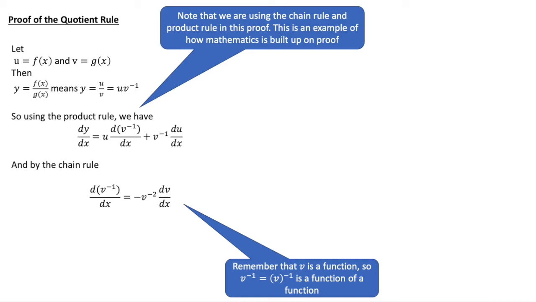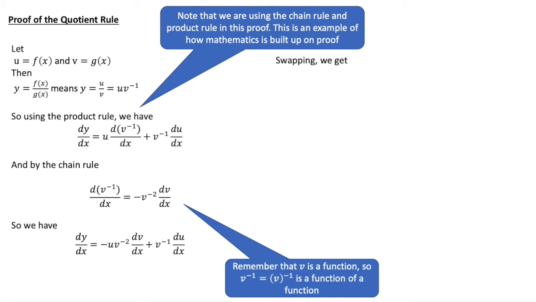Okay, so having done the product rule and the chain rule, we can now say that dy by dx is equal to, well, we have that line above, u d by dx of v to the minus 1. We can replace that by minus u v to the minus 2 dv by dx by using what we've just done with the chain rule, plus what we had before, which is v to the minus 1 du by dx.